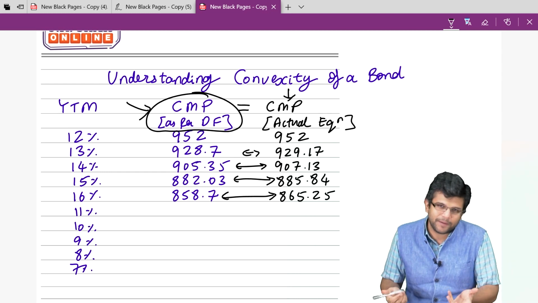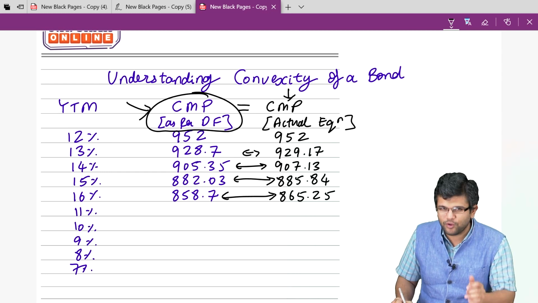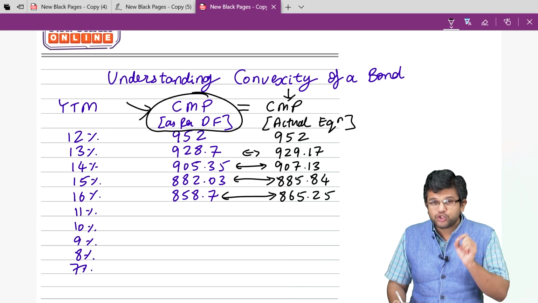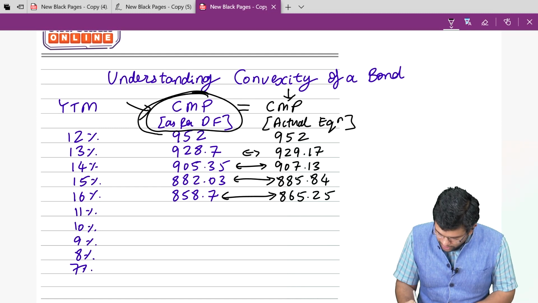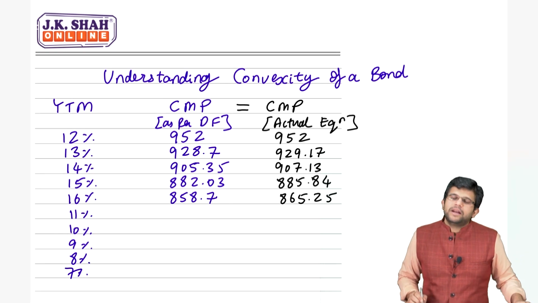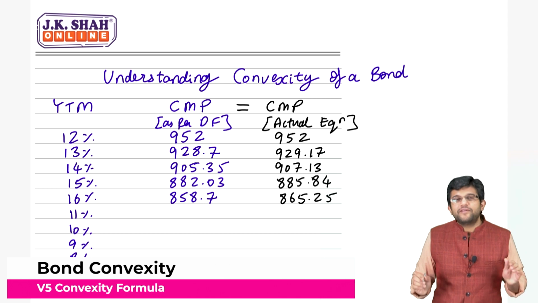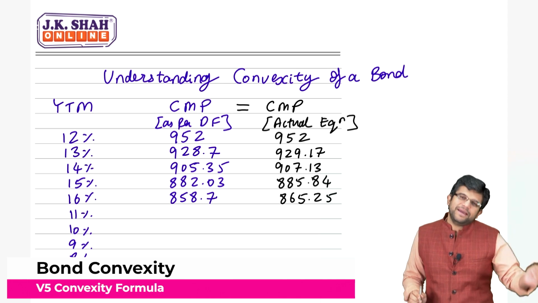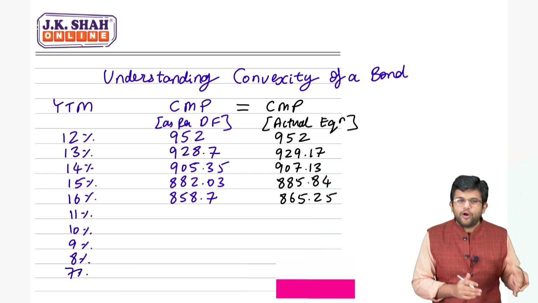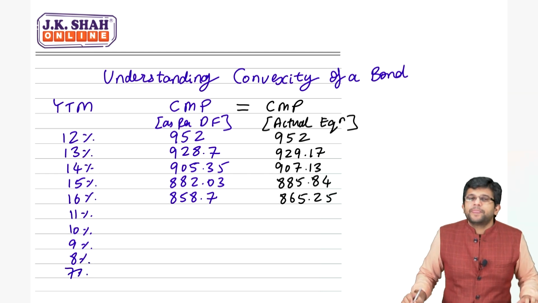The change keeps changing, and therefore we need a new formula, a second derivative, a more advanced derivative, so that we will be able to get this column also exactly equal to this column. So in this particular video, now we will finally look at the convexity formula and its impact on the current market price of the debenture or the bond at every given change in YTM.